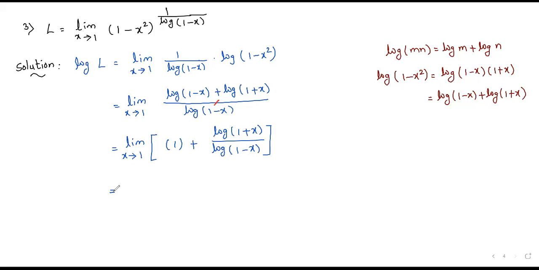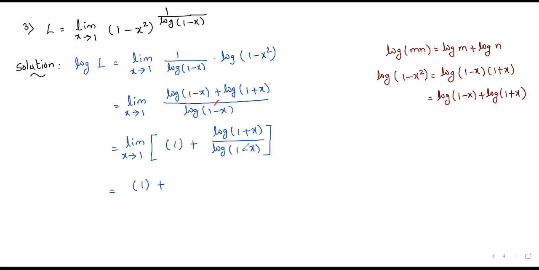So now how are we going to solve this? The 1 you can take outside, 1 plus. Now what is this form? If I put x equal to 1, log of 1 plus 1, log 2, divided by log of 0.